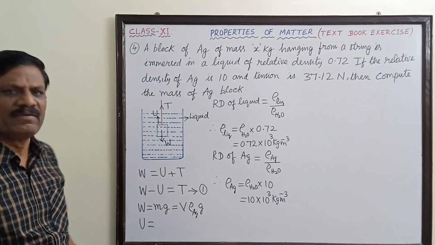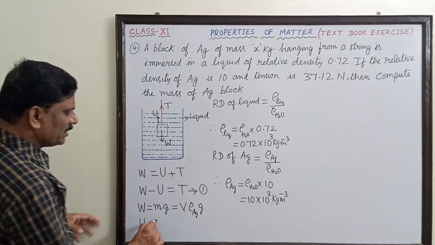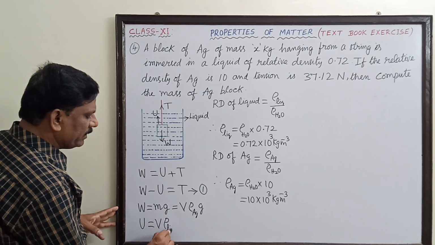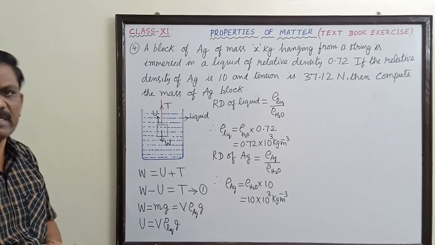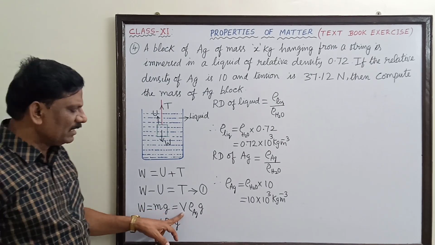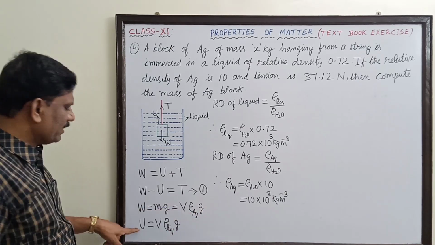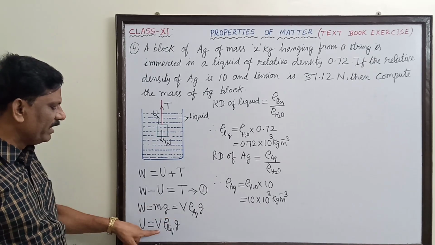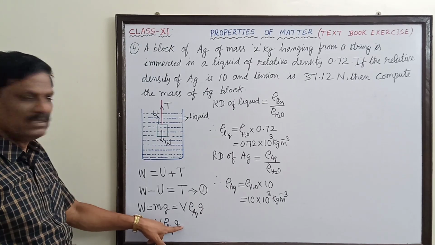Since the same volume of the liquid only is getting displaced, this must be equal to V into rho of the liquid, density of the liquid into g. Is it not? So the weight of the silver block means volume of the silver block into density of silver into g, and the upthrust displaces what? Equal volume. So the same symbol V I have taken, into density of the liquid, rho liquid into g.